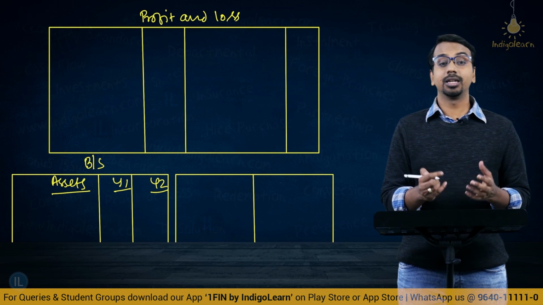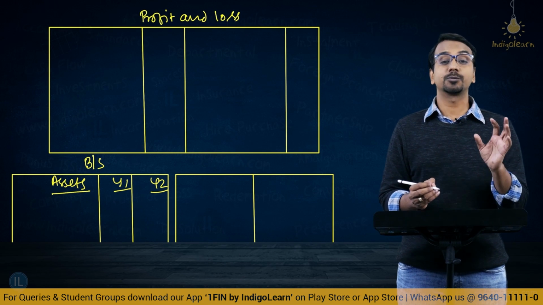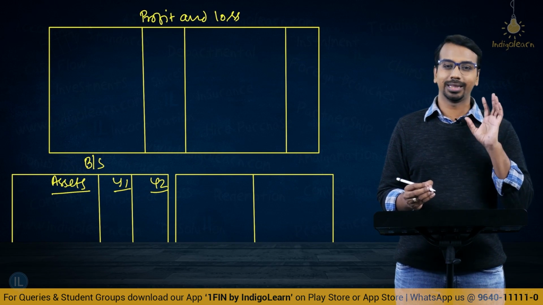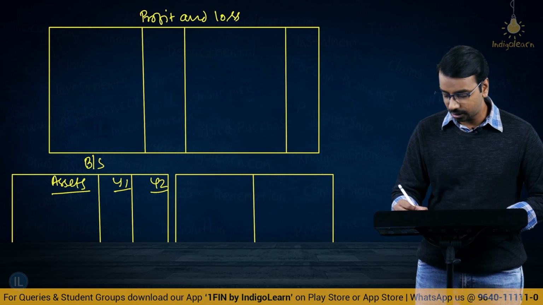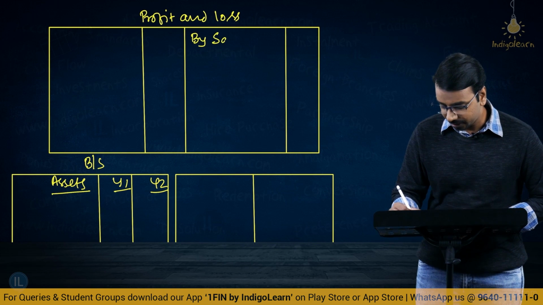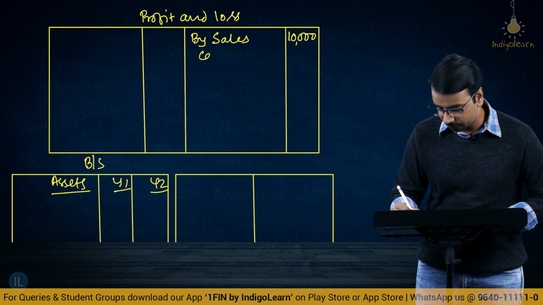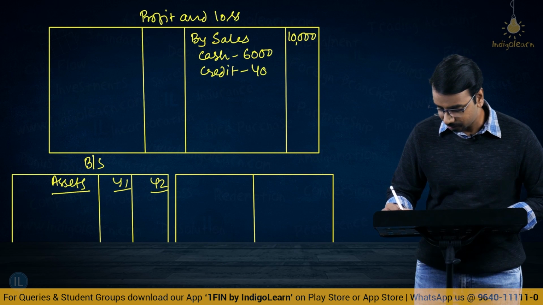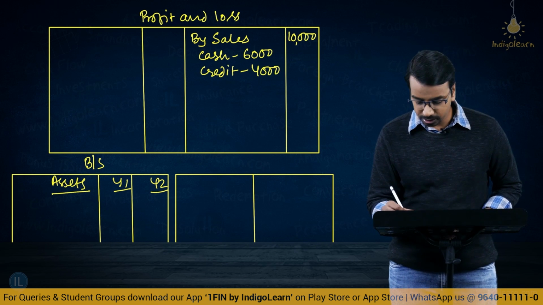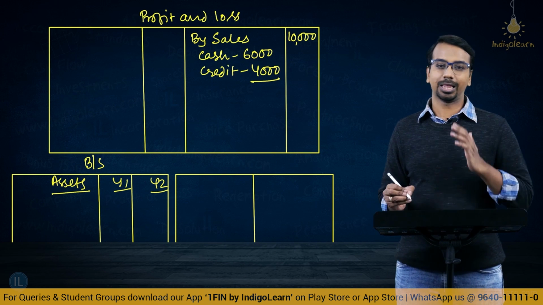So now let's say in a particular year, a company has made total sales of 10,000. Okay, so in the profit and loss account you will find by sales 10,000, and out of this cash sales is 6,000, credit sales is 4,000, right? So 6,000 plus 4,000 makes it 10,000.